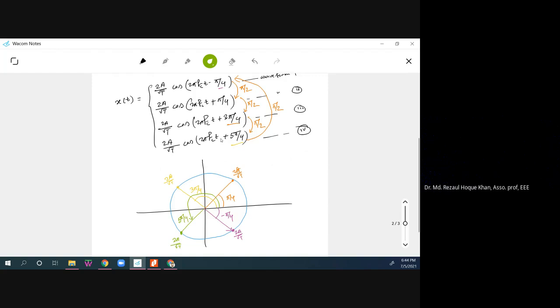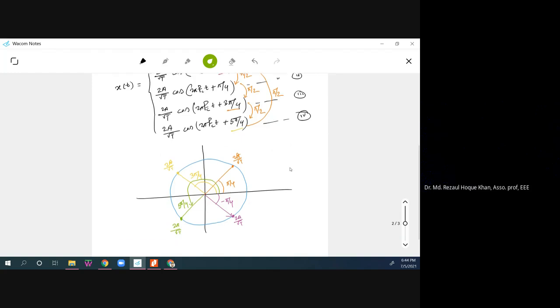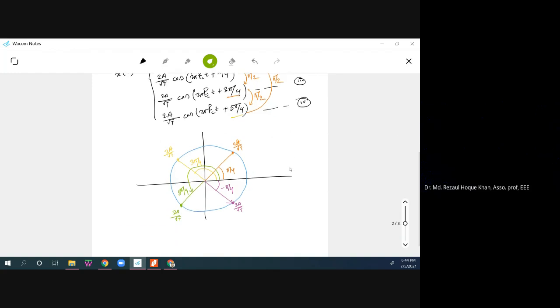You see, we have these 4 constellation points, or waveforms, of this quadrature waveform. We can draw this constellation nicely because we already know it.